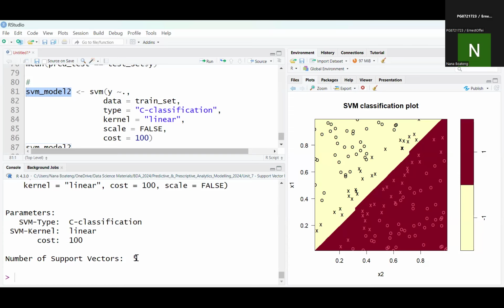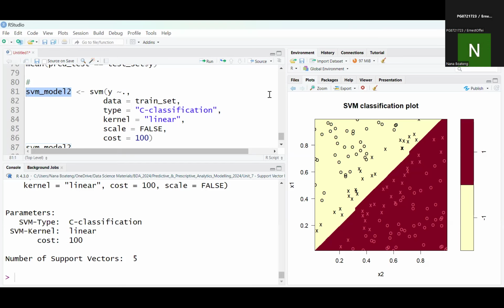So you do it hand in hand and check if there is improvement in the accuracy of your SVM model. Then that means that the increment in your cost is worth it. That is the idea. Thank you. Okay, you are welcome.